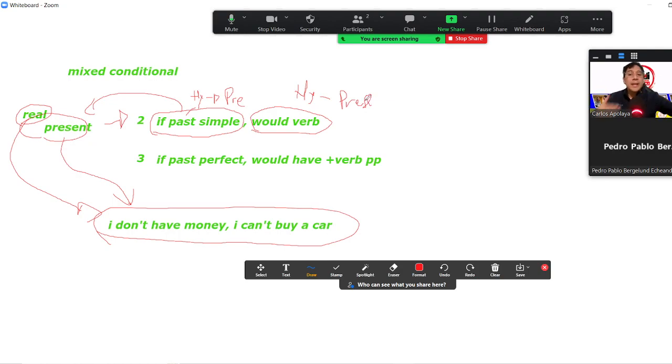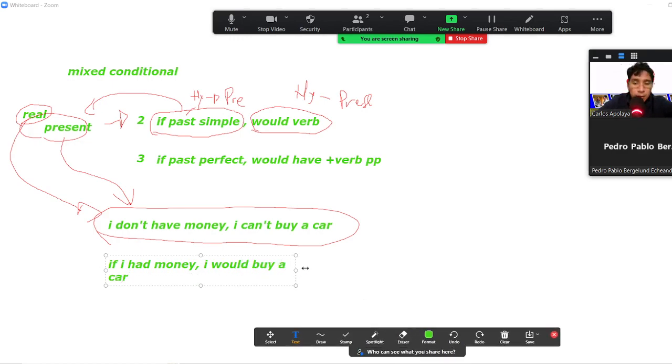Si yo tuviese dinero, la respuesta sería, if I had money, I would buy a car, compraría un auto. This is unreal or hypothetical in the present. You got that one, right?